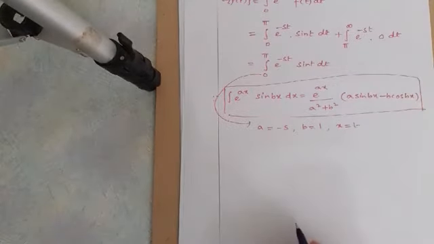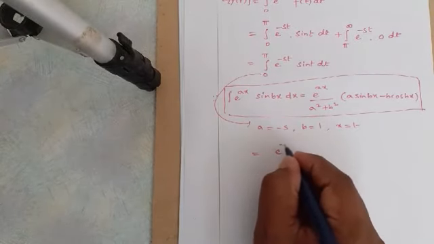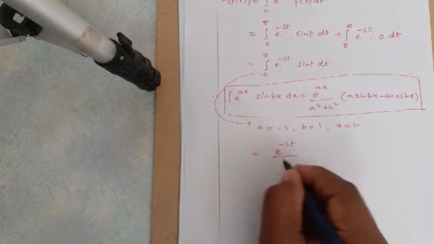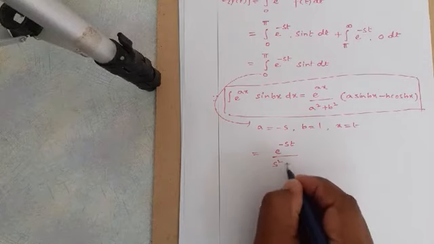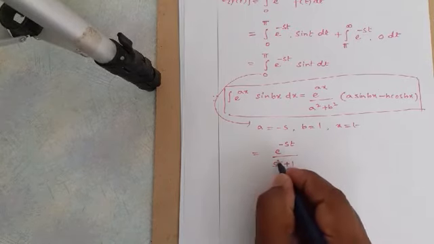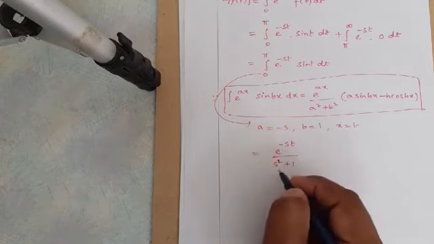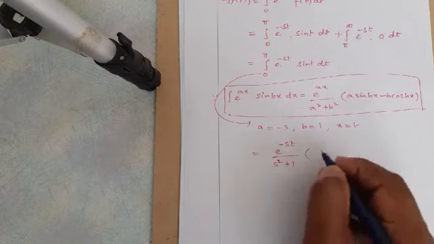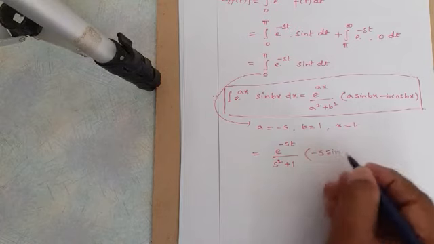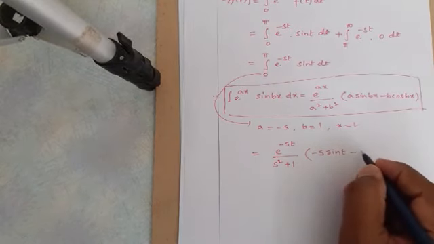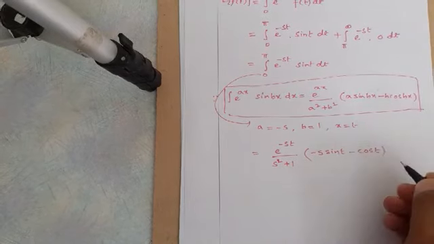Now when you apply the formula, this is equal to e power minus s t upon a square plus b square, that is s square plus 1 square, which is 1. Then a is minus s, so we get minus s sin t, minus b cos t, where b is 1 and x is t. In this way you get it.